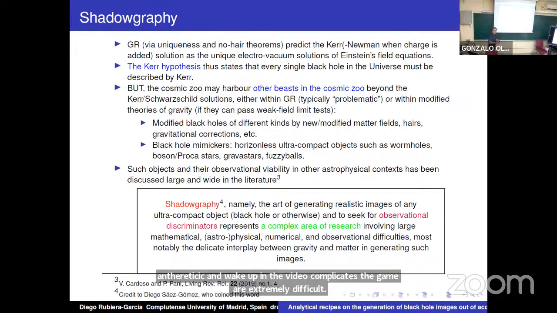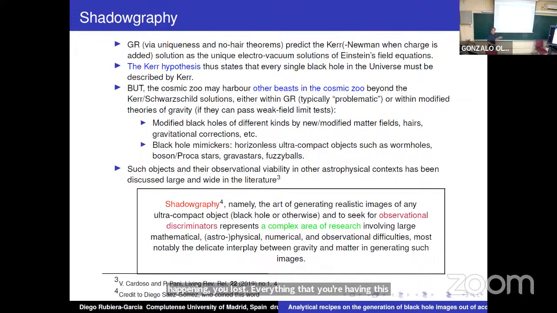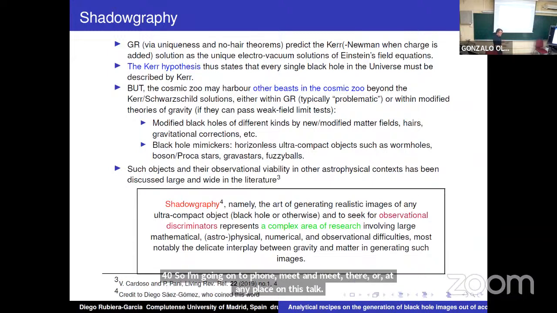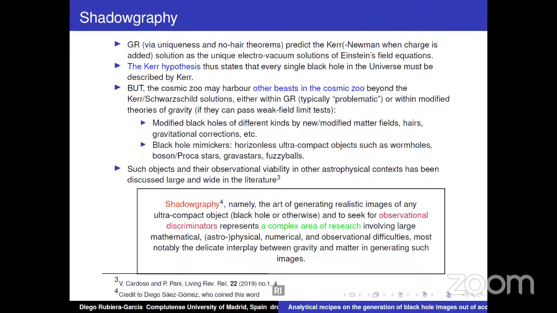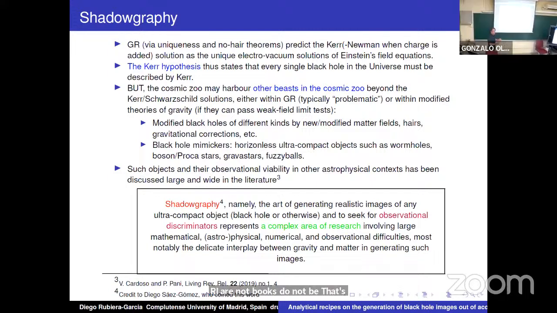So in order to gain a little knowledge of what is happening, you lose everything that you have in the spherical simulation. So I'm not going to talk about rotation at any place of this talk, other than connecting with observations. But our notebooks do not deal with rotation. That's an important thing that you incorporate later in the game, but we are not worried about this now because we have more pressing problems.